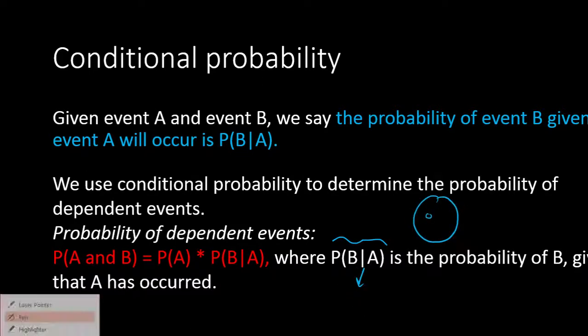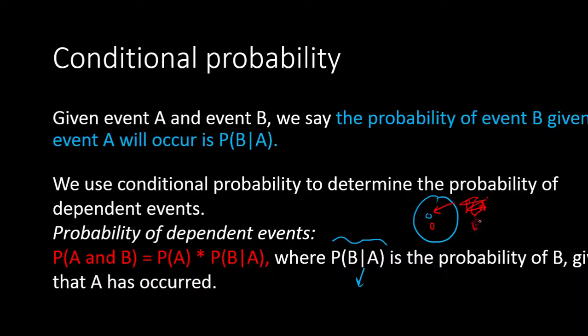So say I had a bag that has a blue token and a red token, and I want to know the probability that you will pick blue given that I've taken red. So we'll call event A that I drew red. And I want to know the probability of B that you will draw blue.